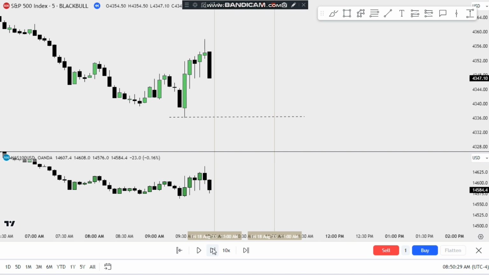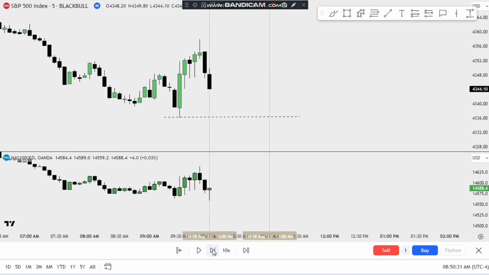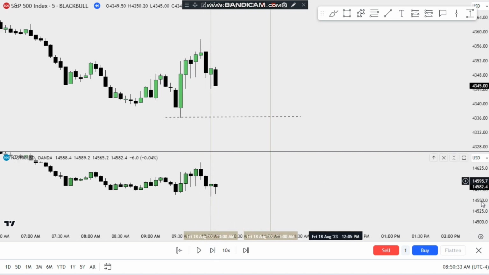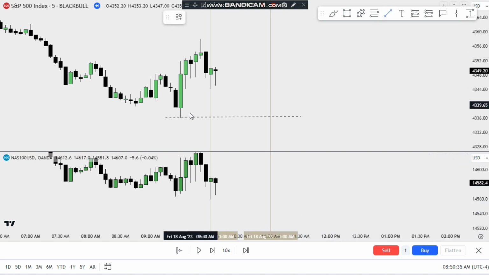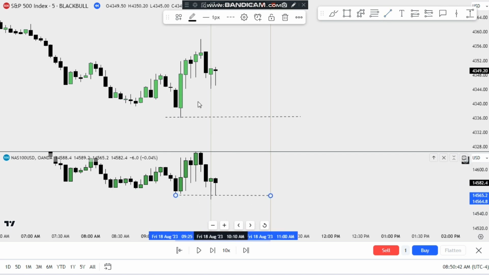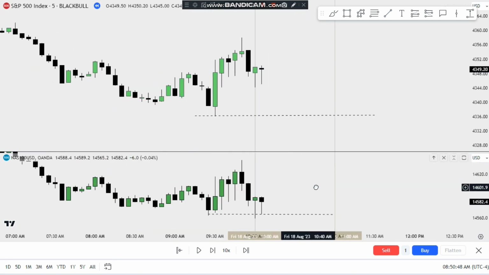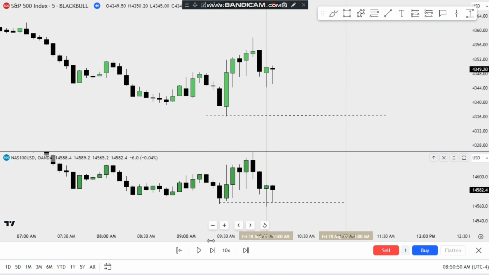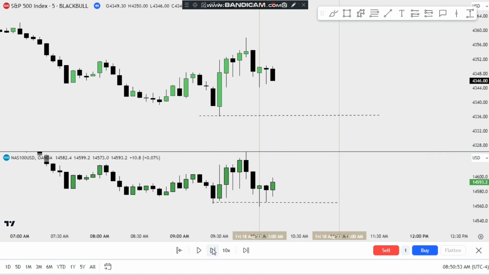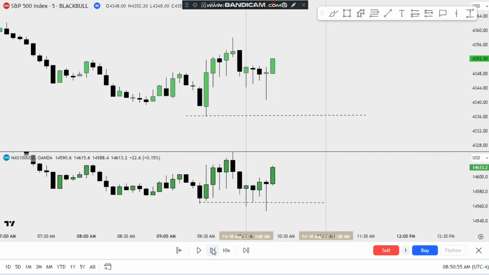So let's see if we get any divergence. The price is going down. You can see that this was the low, and this was the low on the Nasdaq. So this low isn't swept, and this low got swept. Now what's the next step? The next step is finding any fair value gap to the upside.